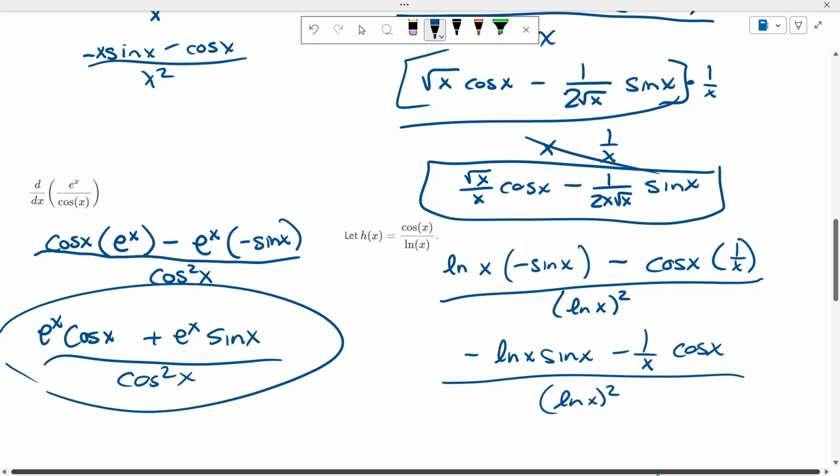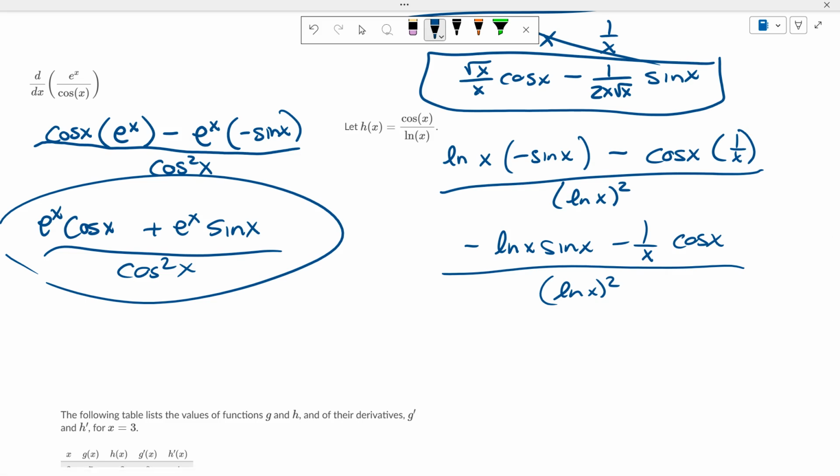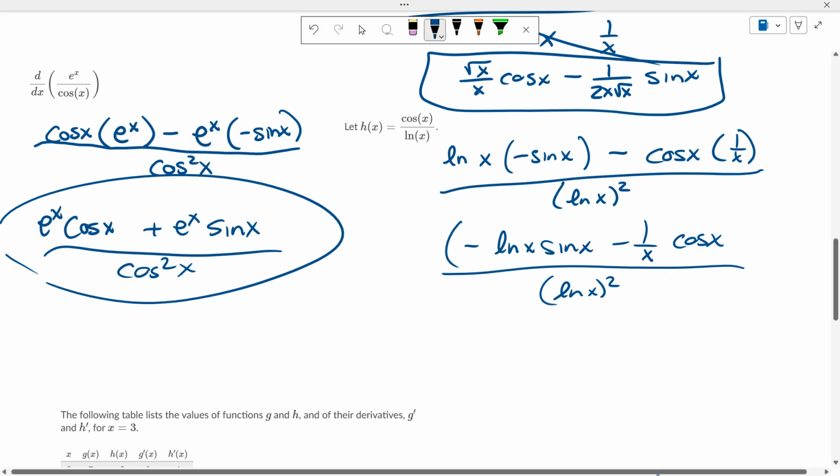So it's not that big of a deal, the order, but we usually write sines and cosines last. Now, on this one, to simplify, because we got a complex fraction, a fraction within a fraction, what I'm going to do is multiply the whole numerator by x to get rid of the 1 over x, so I have to multiply the whole denominator by x.